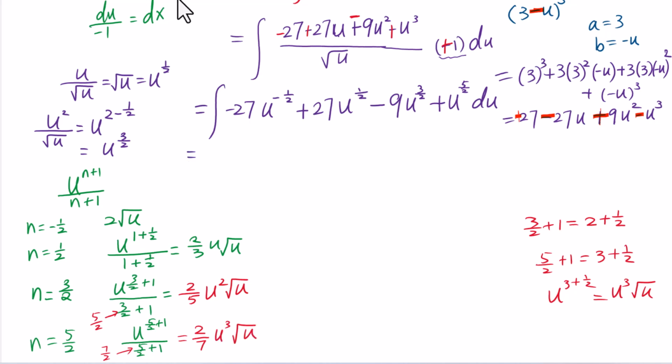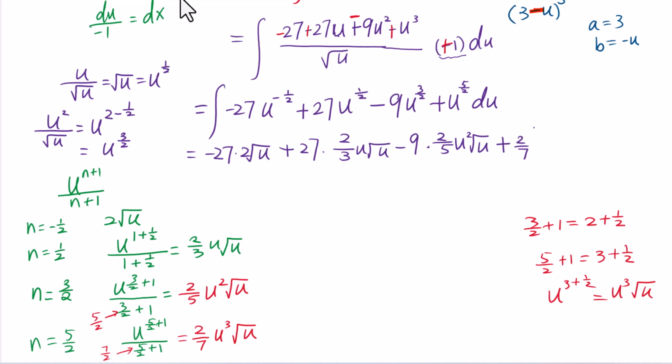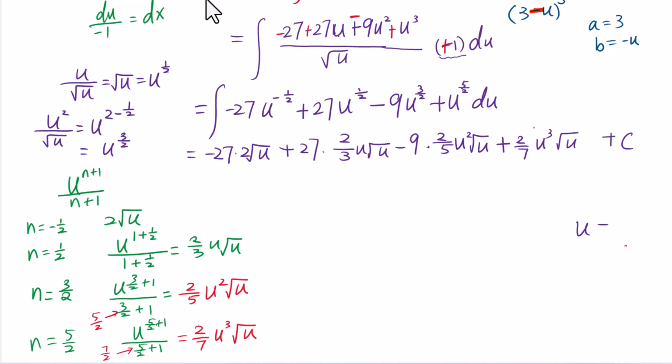Now we can get negative 27 times 2 square root of u plus 27 times 2 over 3 u square root of u minus 9 times 2 over 5 u squared square root of u plus 2 over 7 u to the third power square root of u plus c. We know u equals 3 minus x.